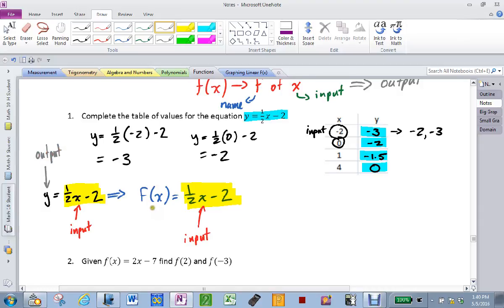So what does that make this? The output. So essentially what I have done is we have now replaced y with f of x, because x is our input and the function is the math we are doing to it. Does everyone understand?